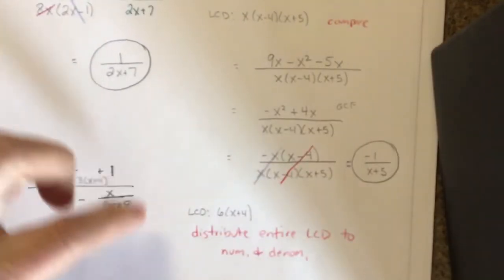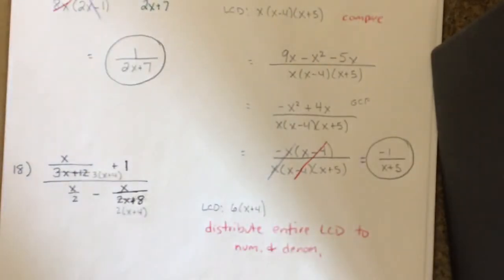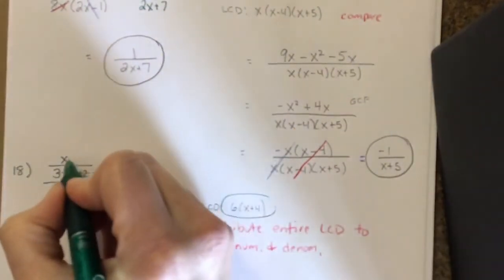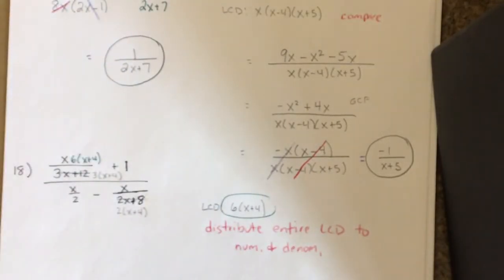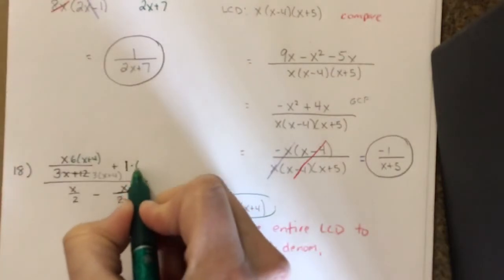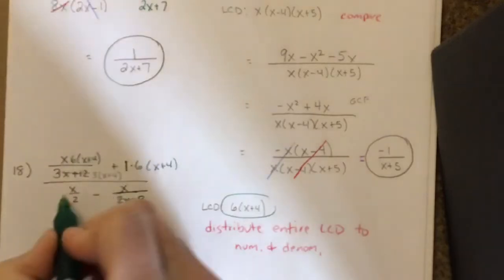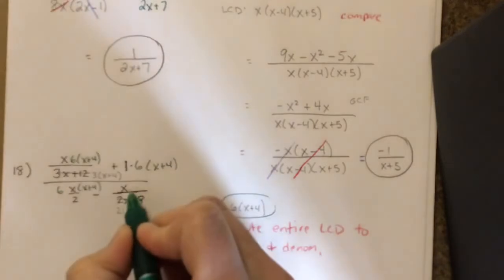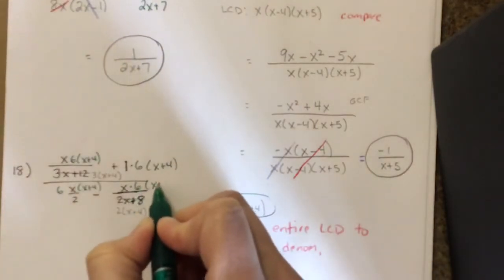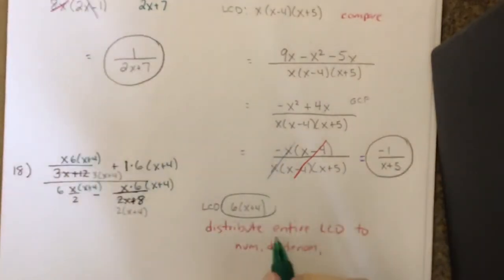So all 1, 2, 3, 4 terms are going to get this. I'm going to write, I think I'll go in green, the entire LCD, 6 and x plus 4, and put it on the top of the fraction if it's a fraction. Now here it's just times 6 and x plus 4. There's no fraction. Here it's times 6, and then I'll put x plus 4. And then I have times 6 and x plus 4. All 4 terms are going to get the entire LCD.